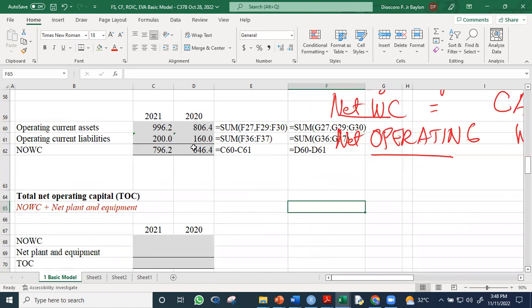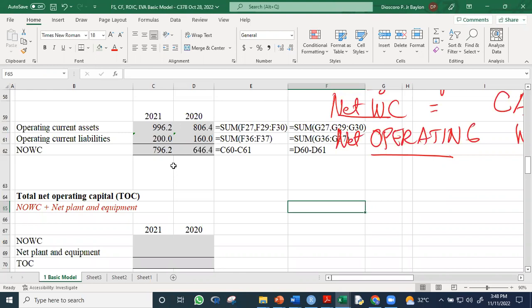Now you can see here that the company is provided with this working capital worth 796.2 thousand. In 2021, there was an increase from 2020.